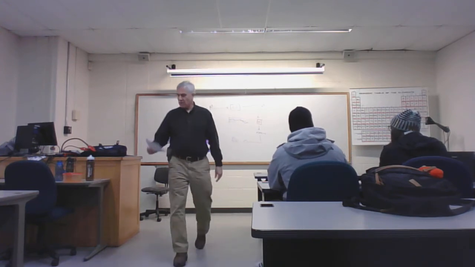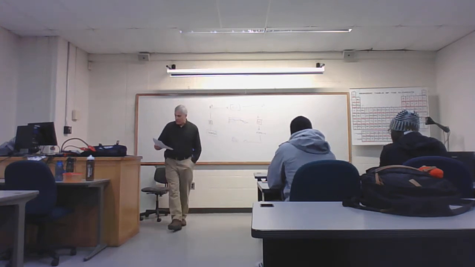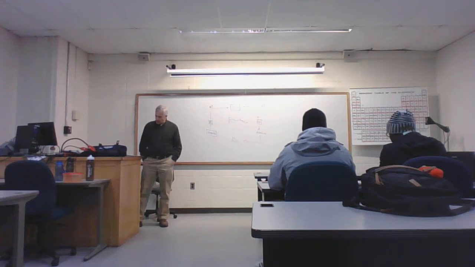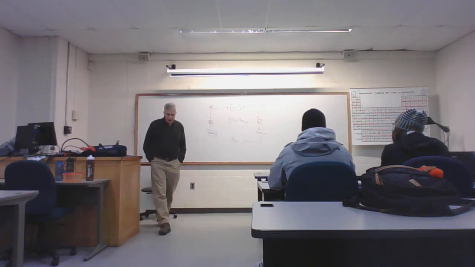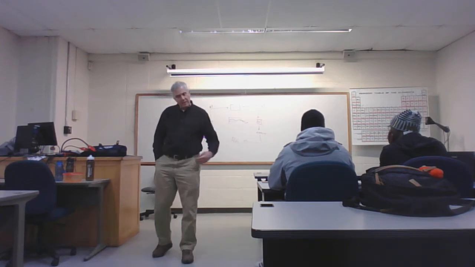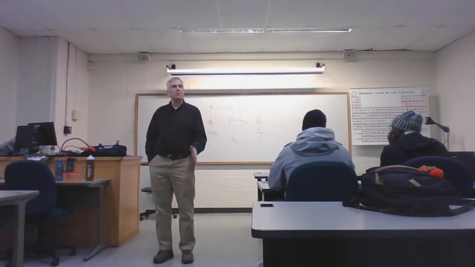Alrighty? And so right here on page 4, you have an example of a negative feedback system. What I'm looking at here is the metabolic rate. And you guys know when you sleep, and we've sort of talked about this before, does your metabolism just stop?